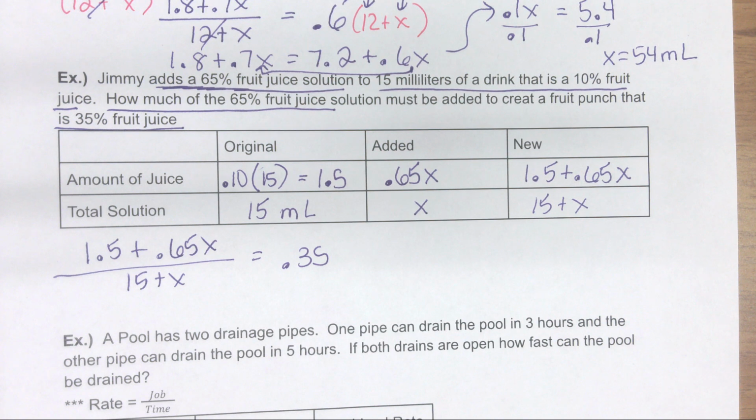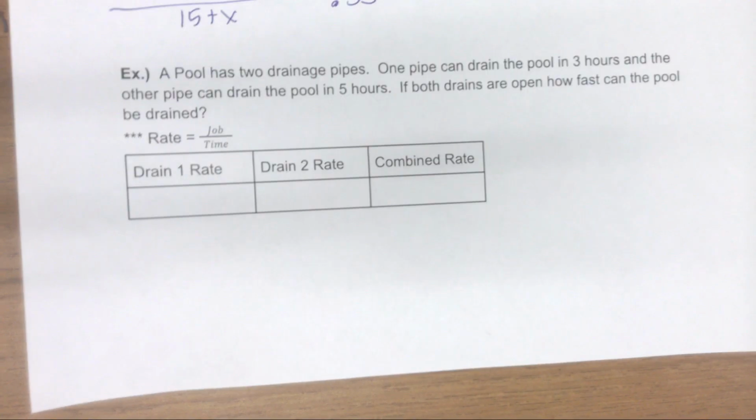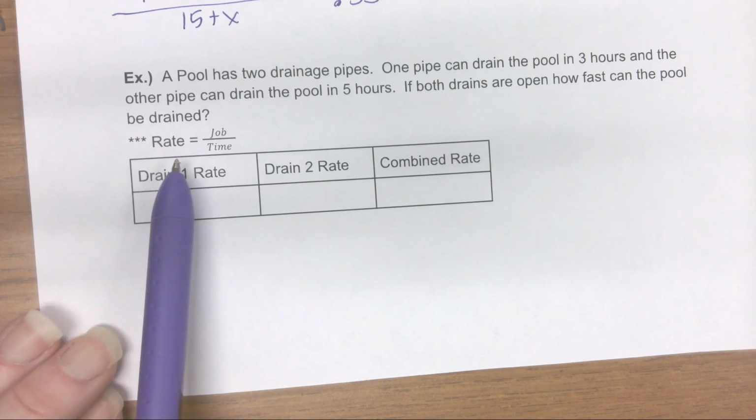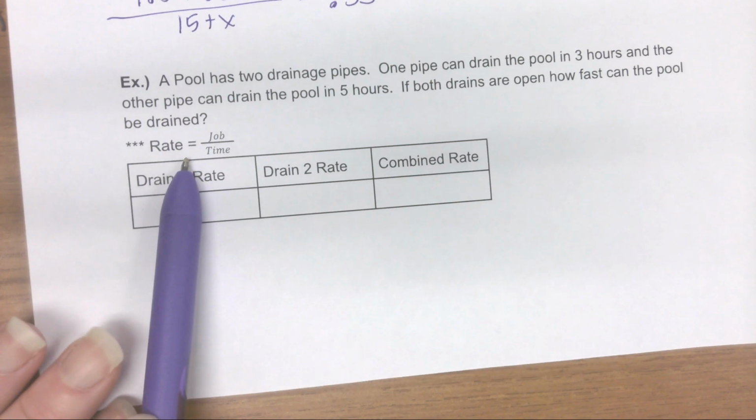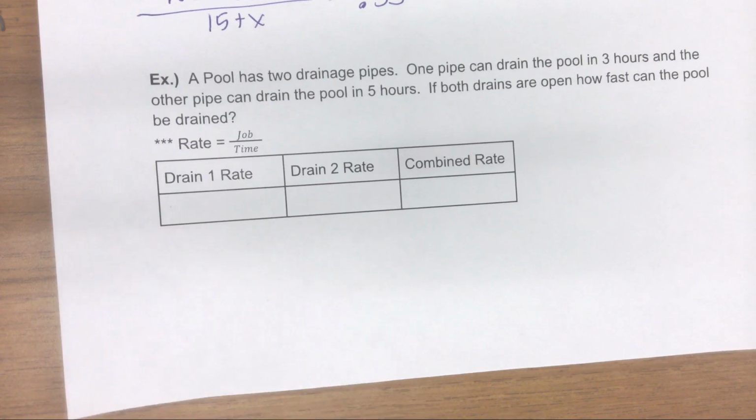Then, work problems. Okay, so here's how work problems are a little bit different. The idea is this, that just like we had distance equals rate times time above, if you think of a rate in these work problems, it's how long it takes you to do a certain job, okay?